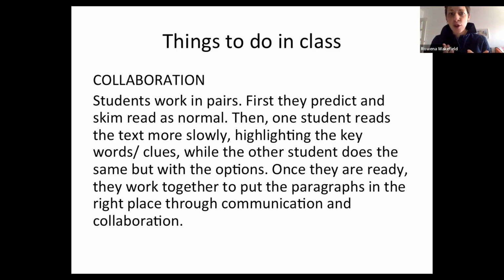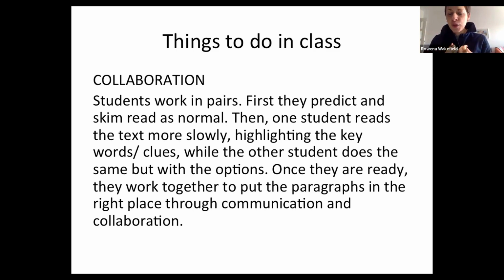Another collaborative approach you could try, which I haven't tried, is to split the students into pairs again. They predict and skim read as normal, but then one person takes the text and one person takes the options, the paragraphs, and they go through with their highlighters and look for those clues.